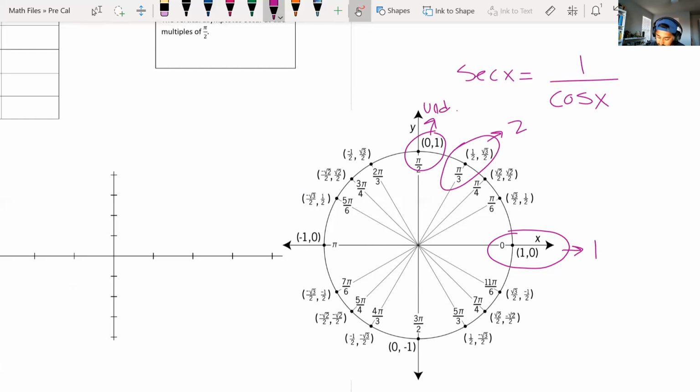Then we'll come to 2 pi over 3, and we'll get -2. Skip, come to pi. And what's the reciprocal of -1? -1. There we go. These are the coordinates we will choose for secant.